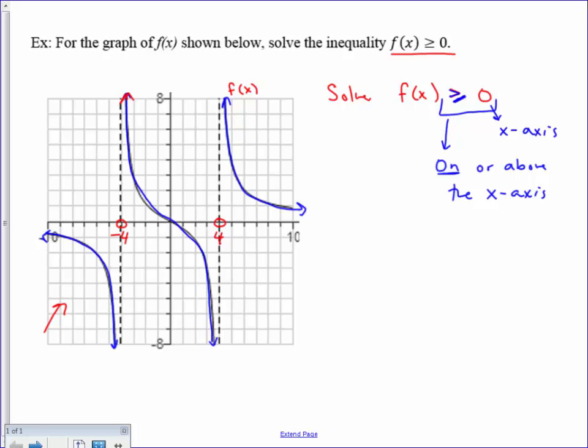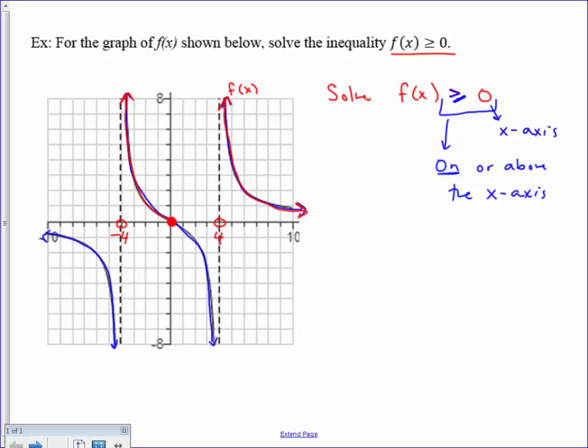Starting here and going down all the way to the actual, looks like ordered pair 0, 0, I would be on or above the x-axis. Looking here from 0 to 4, it cannot be in that location because my graph is below. And then looking here, I can see that my graph is above. So going that way, and then looks like extending on to infinity.